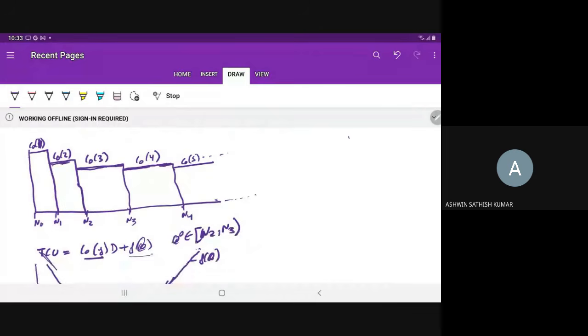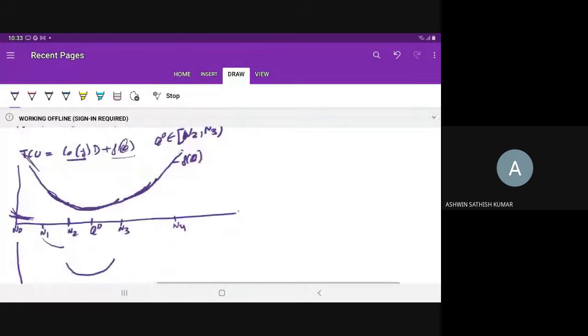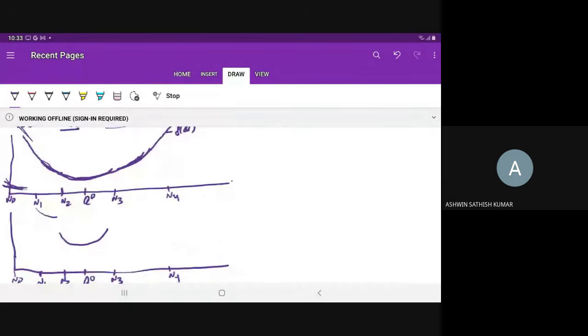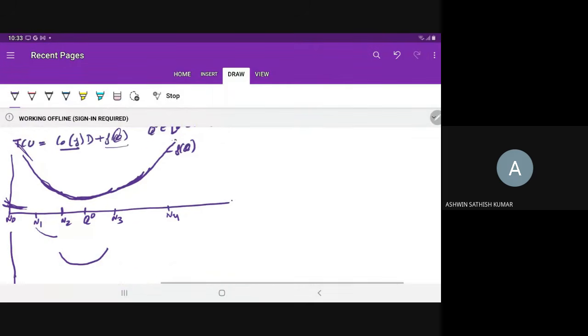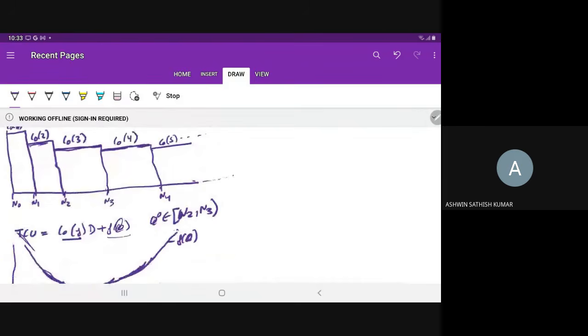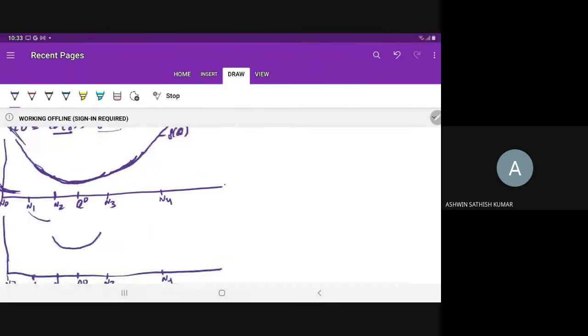So the graph will be increasing, because constant plus increasing gives an increasing graph. But can you tell me from where I should start?